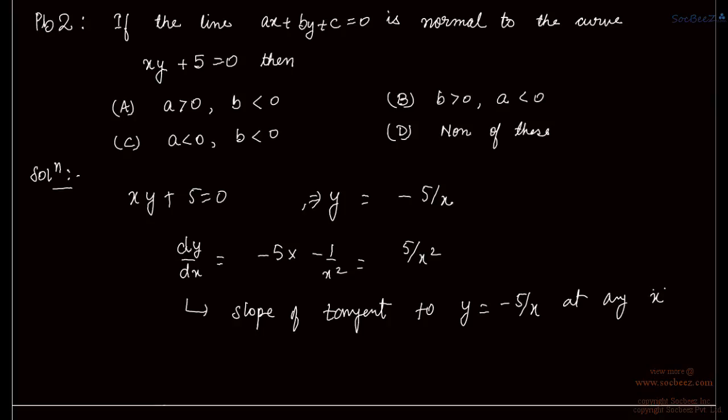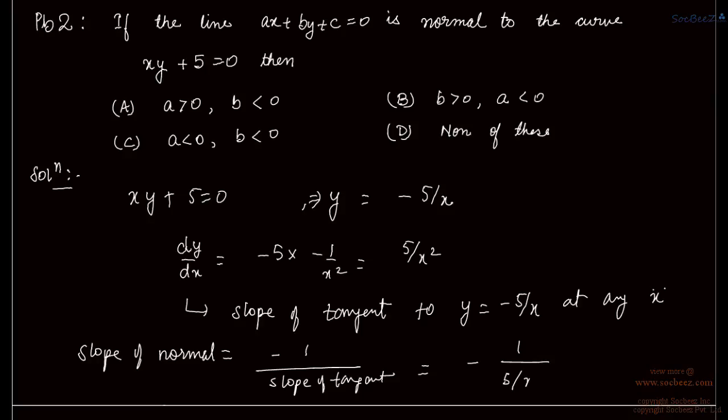Now the slope of the normal is -1 upon the slope of the tangent, which is equal to -x²/5. So the slope of the normal is always negative, right?